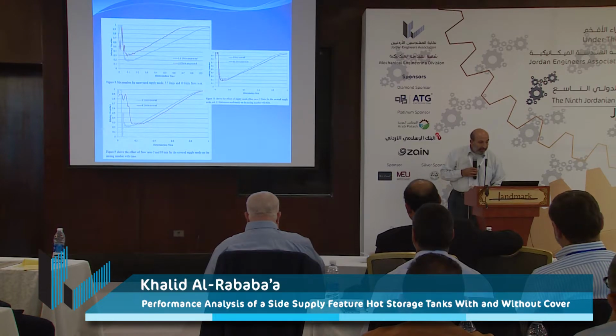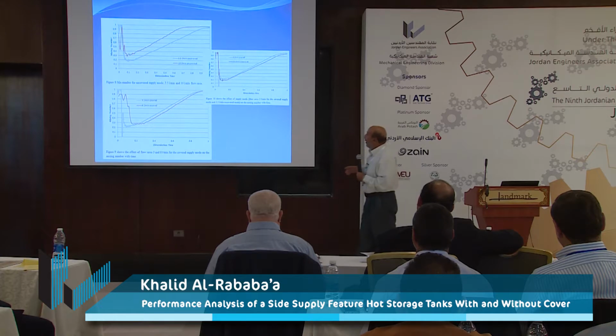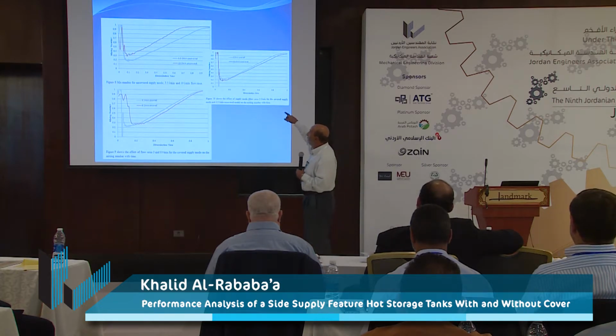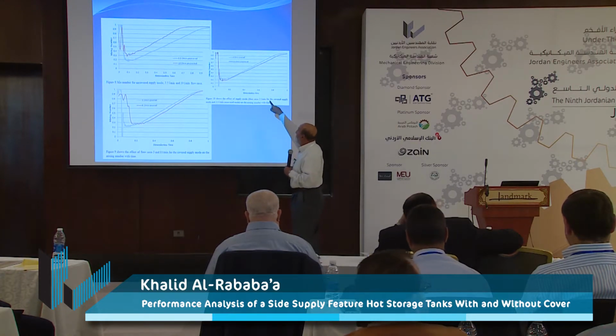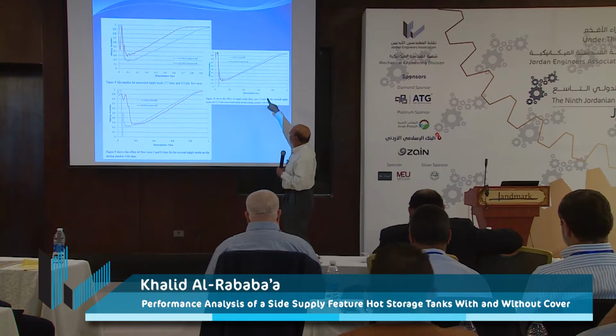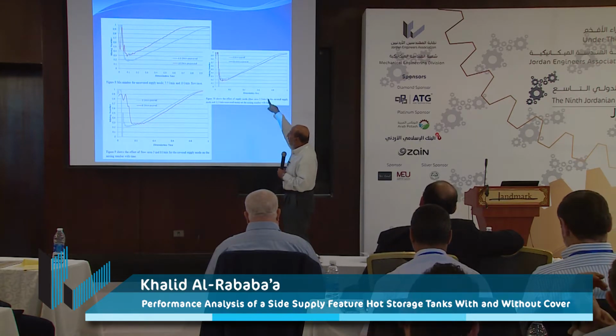Right here, the mixing number is shown, and I'd like to note the mixing number within the tank for the covered and uncovered flow rate. Both mixing numbers are almost the same, 3 and 3.5.